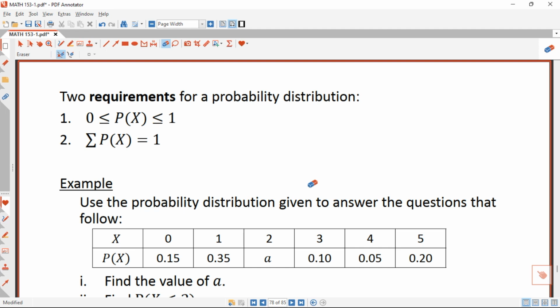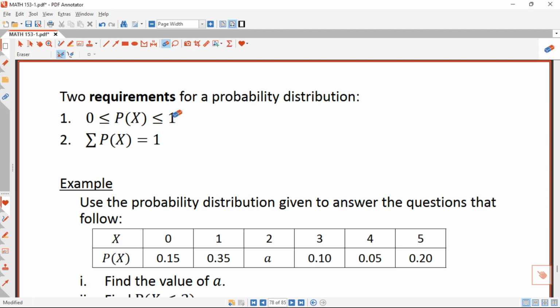And there are some requirements that we have to know for a discrete probability distribution. We have 2 requirements. First, our probability must lie between 0 and 1. If any probability doesn't lie between 0 and 1, it cannot be a probability, and so it cannot be a discrete probability distribution.